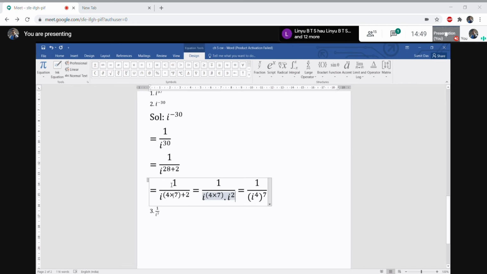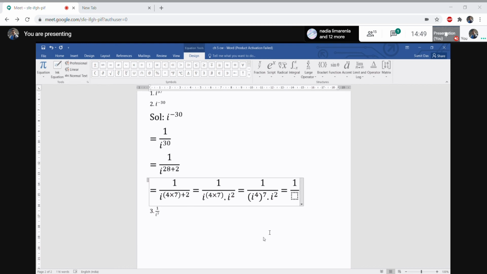If in power it is addition, so it will be product. Understood? i to the power 4 into 7 plus 2, so it will be i to the power 4 into 7 into i square. Am I clear? So this i square will be also here. Now put the values.